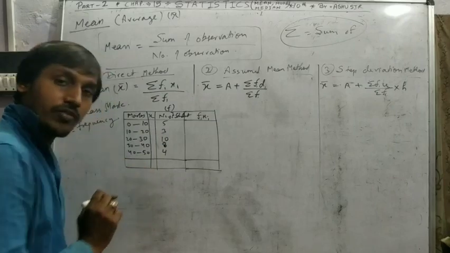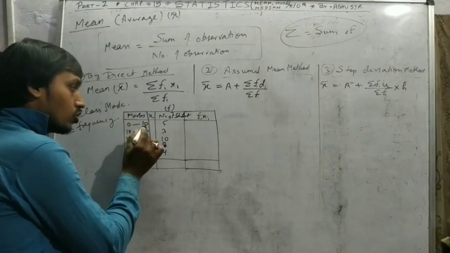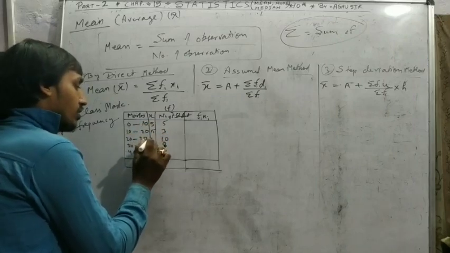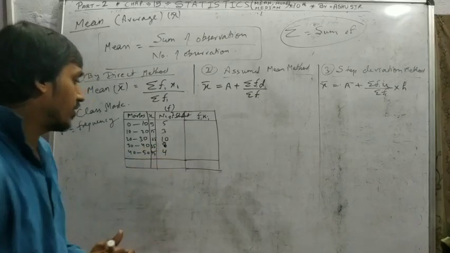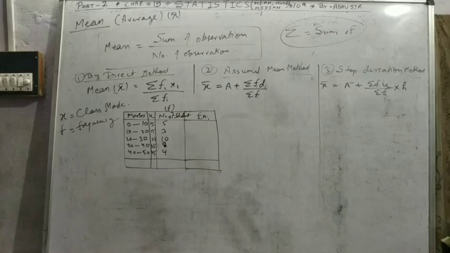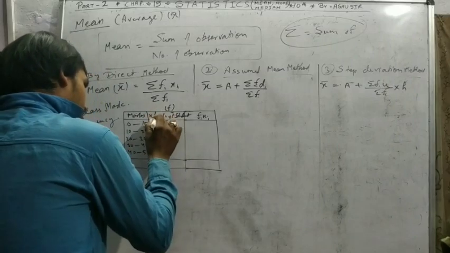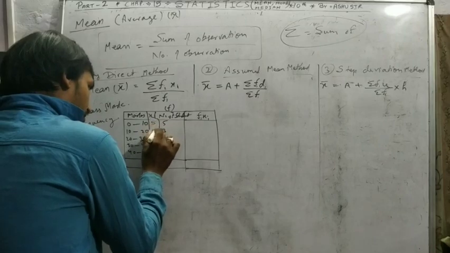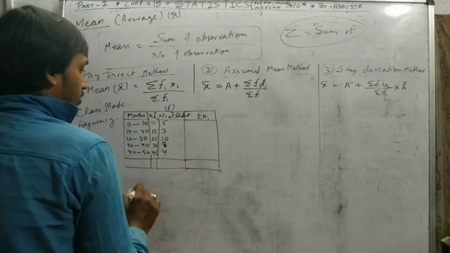But x is not given, so we find the class mark. 0 plus 10 upon 2 is 5. 10 plus 20 upon 2 is 15. Then 25, 35, 45. So the class marks are 5, 15, 25, 35, 45.